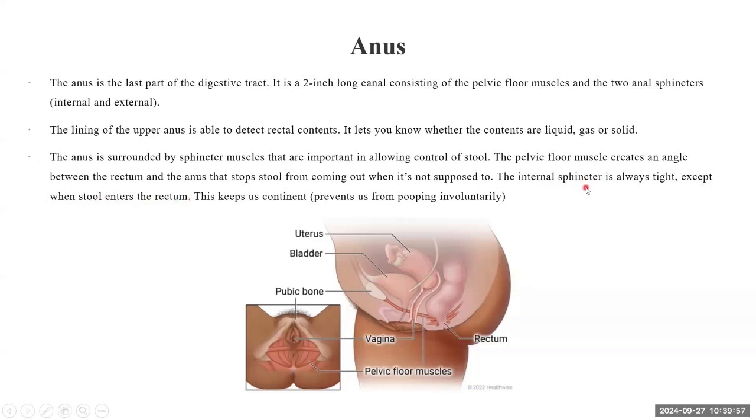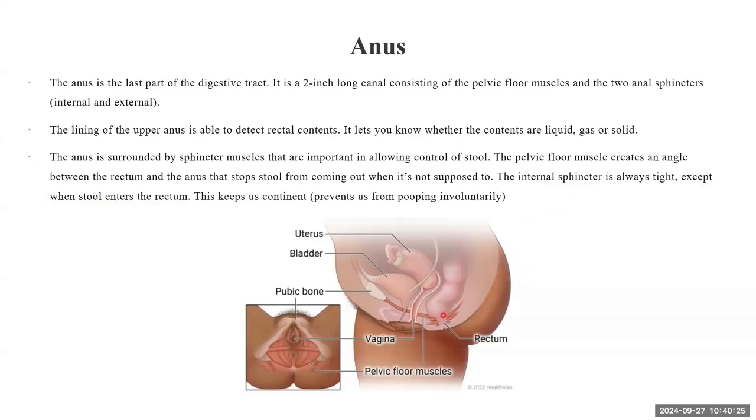There are two types of sphincters, the internal sphincter and the external sphincter. The internal sphincter is not in our control, but the external sphincter is in our control. Whenever food enters the rectum, the internal sphincter automatically constricts, and it helps to avoid unnecessary spillage of stools, or when they are not supposed to leak.